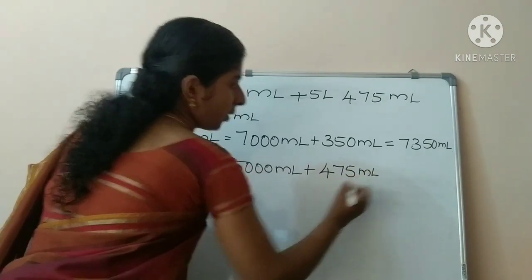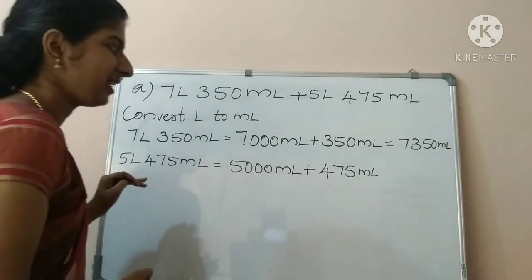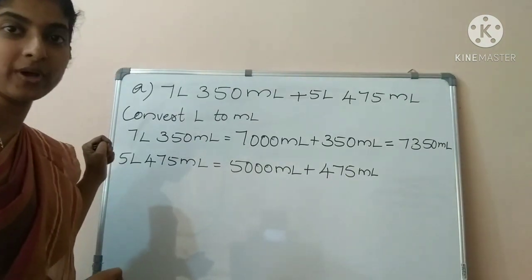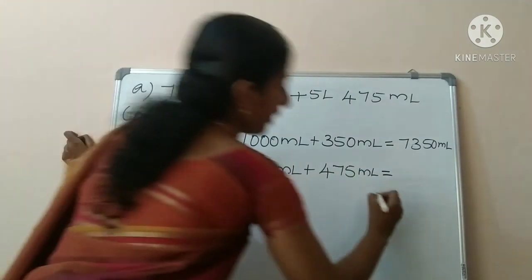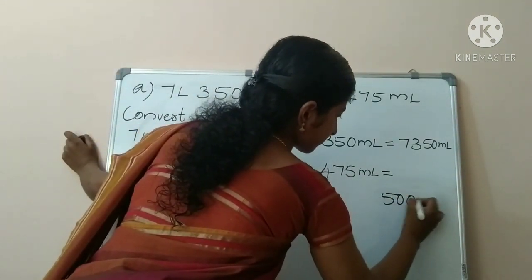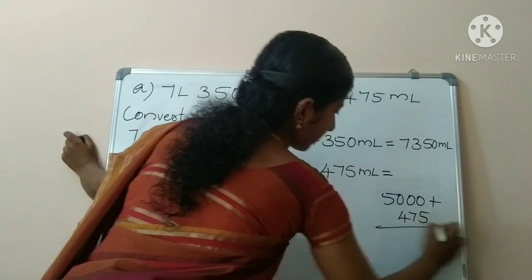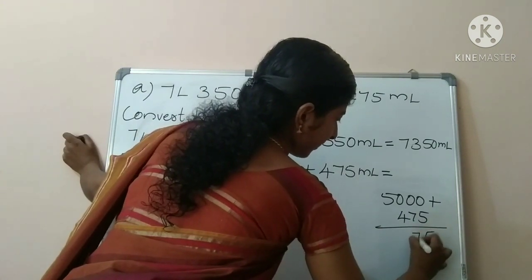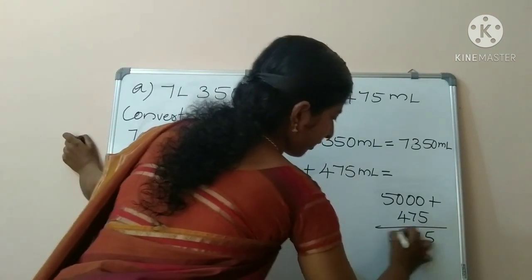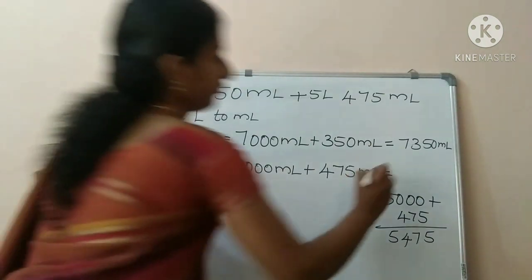That one is already in milliliter, so there is no change. 5000 milliliter plus 475 milliliter is equal to 5475 milliliter.